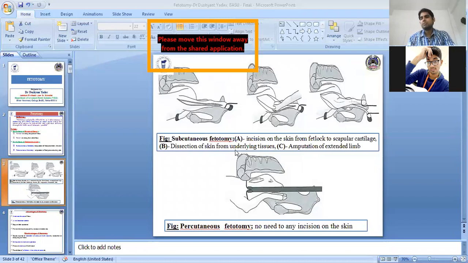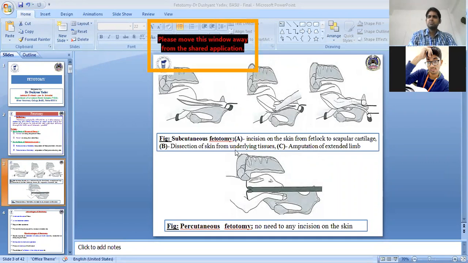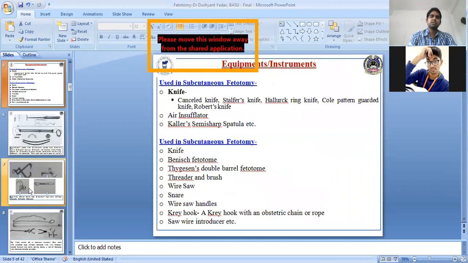Dissect the underlying tissue by which instrument? We dissect the underlying tissue with a knife and other things, the scalpels. Many types of instruments are shown in the figure, which will come in the next slides. Like the embryotomy knife, just see that, and then you could understand better.